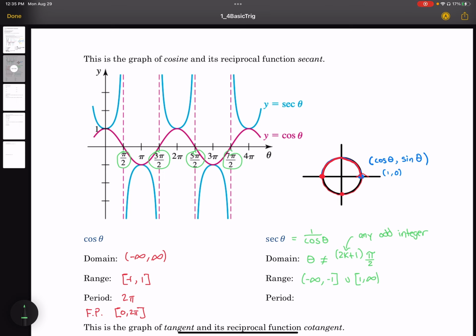There is no blue graph that overlaps with the pink or magenta graph. And just like cosecant and sine, secant repeats every 2 pi, and the fundamental period is 0 to 2 pi.